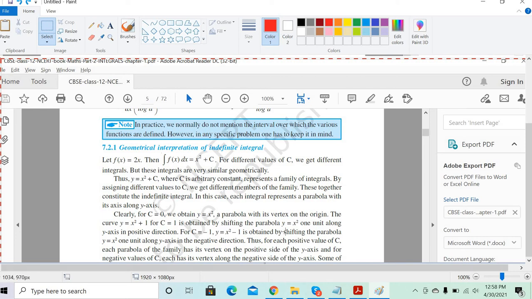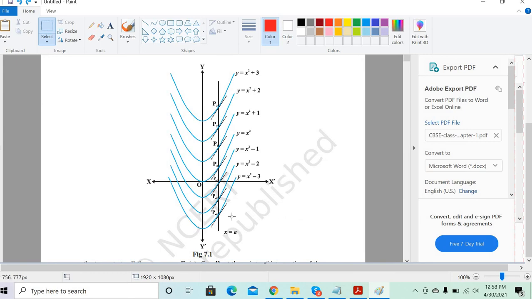Now look at the figure you drew, depending on the c value. When it is y is equal to x square, the graph is touching the origin O. When you go to x square minus 1, the graph goes downwards, touching the y-axis at minus 1, minus 2.